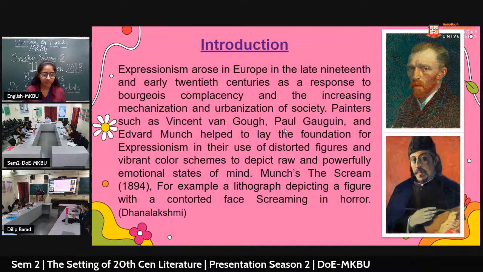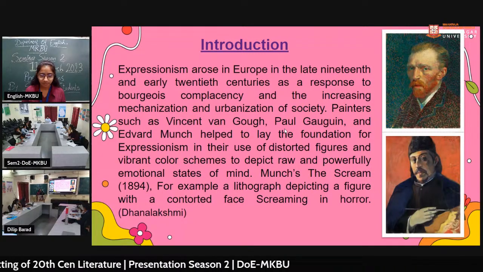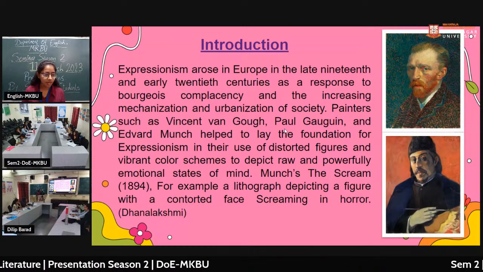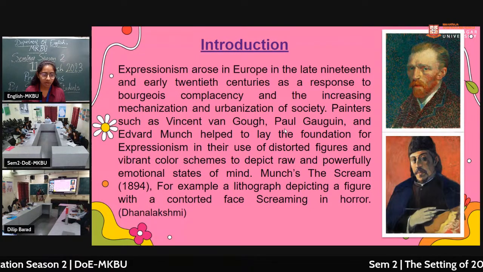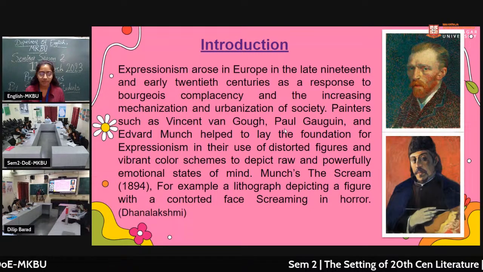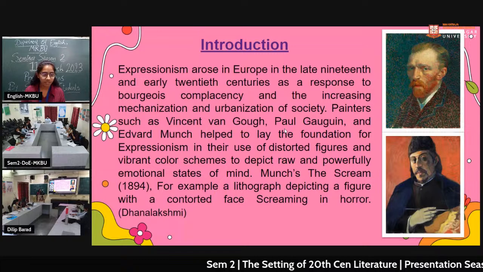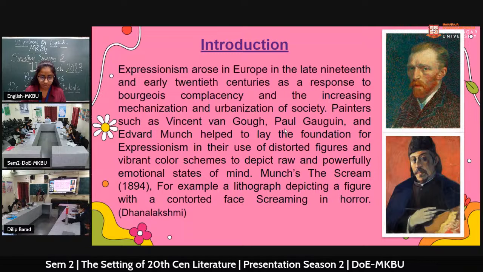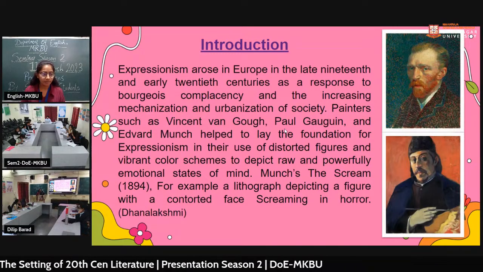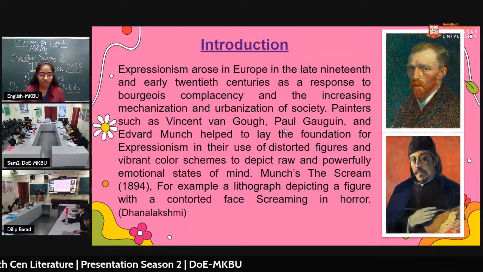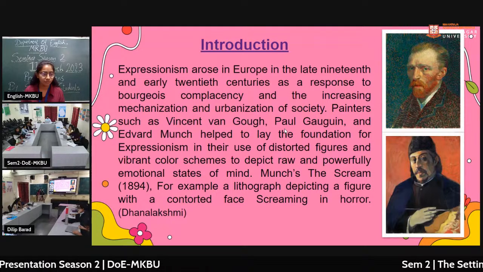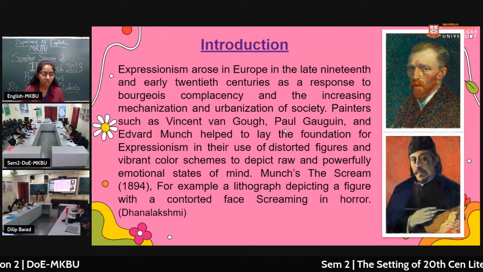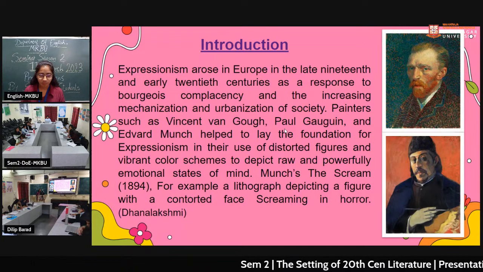Painters such as Vincent van Gogh, Paul Gauguin, and Edvard Munch helped to lay the foundation for Expressionism in their use of distorted figures and vibrant color schemes to depict raw and powerfully emotional states of mind.